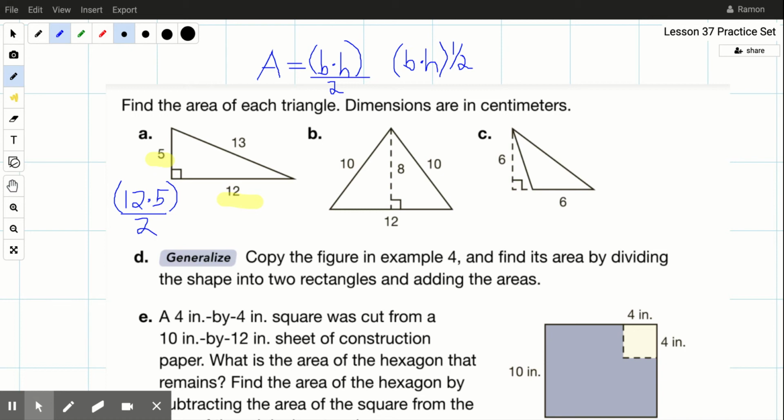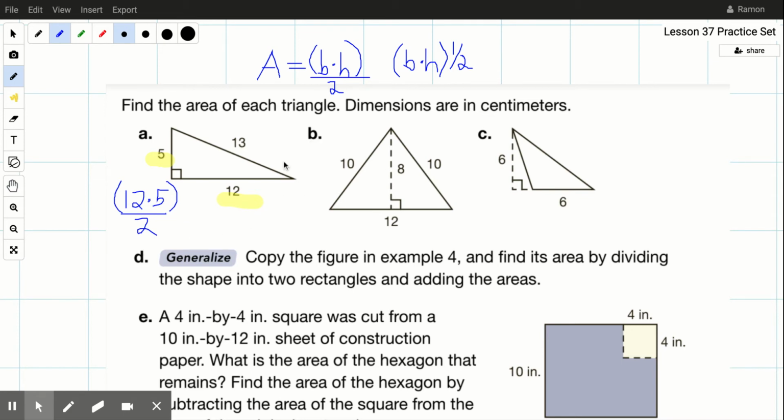And really you're finding a quarter of the area of the rectangle, which is not correct. So the order doesn't matter. You could take half of the height times the base, half of the base times the height, base times height divided by 2, or base times height and take half of that. But personally, I prefer to multiply base times height and then divide by 2. So go ahead and solve that on your own.